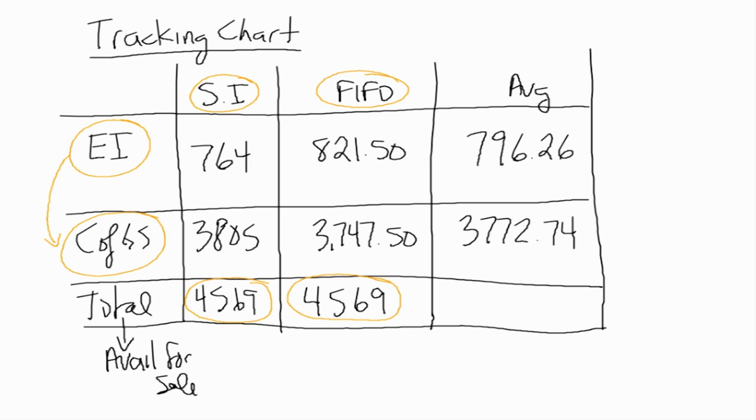When we add these two numbers together, they are 4569, which should surprise none of us, right? Because this does not change the value of ending inventory. Instead, what it does is change how we move value from the statement of financial position ending inventory to cost of goods sold on the income statement.